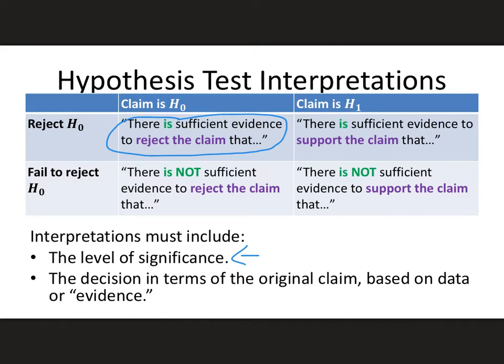So whatever that level of significance is, there is sufficient evidence to reject the claim that. You may also see it written as alpha is whatever, there is sufficient evidence to reject the claim that. Again, just make sure that you do include your level of significance and then you write your interpretation based on the problem.